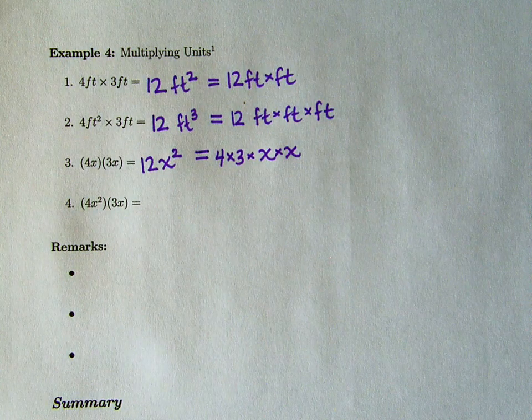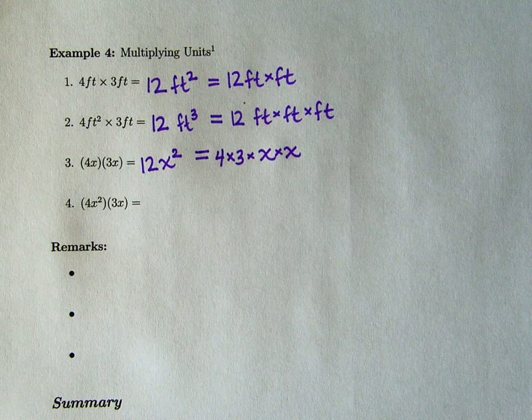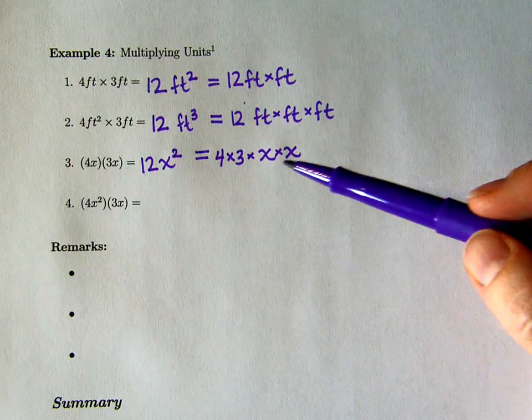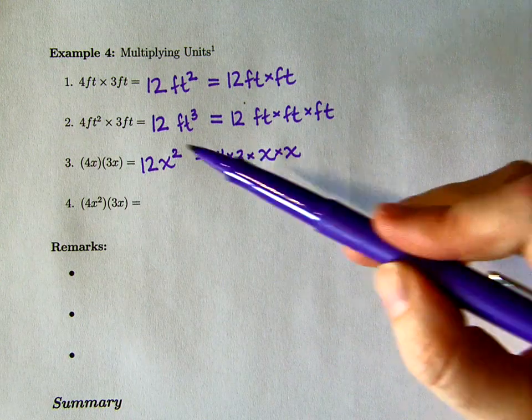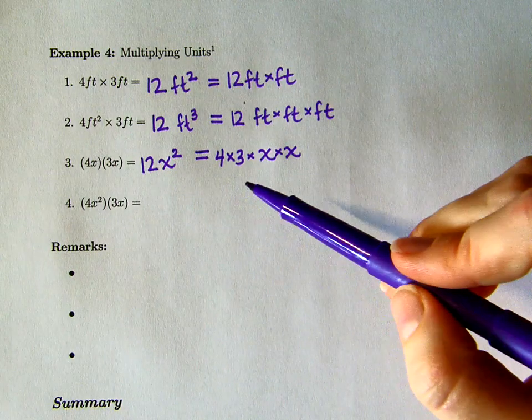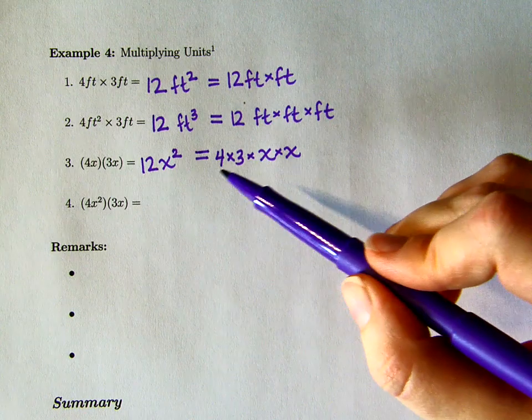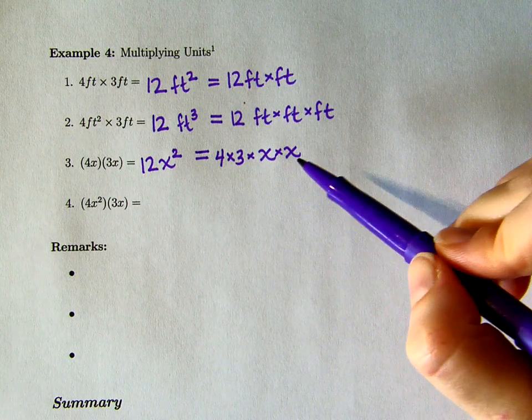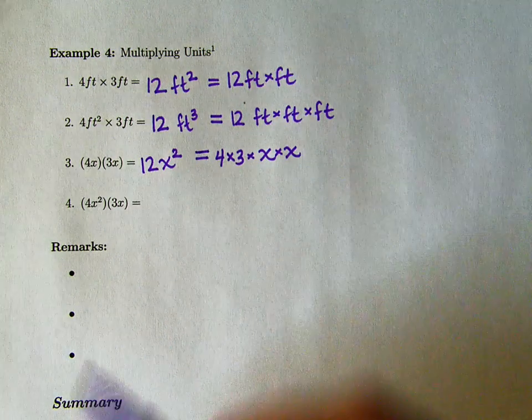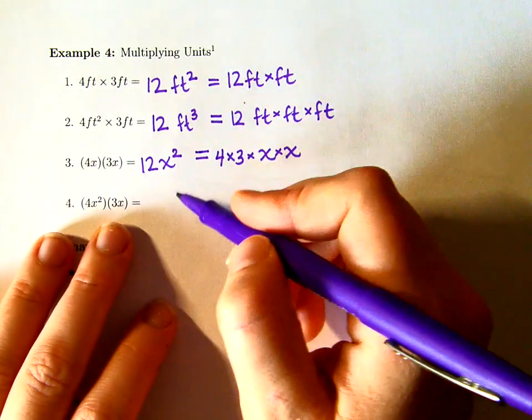Yeah? 12x squared. And then it doesn't matter if you're treating it like units, like a foot by foot to get a square foot, or you're treating it like a numerical value, like 2. This is 12 2 by 2s. That'll still work. And then this is very similar.